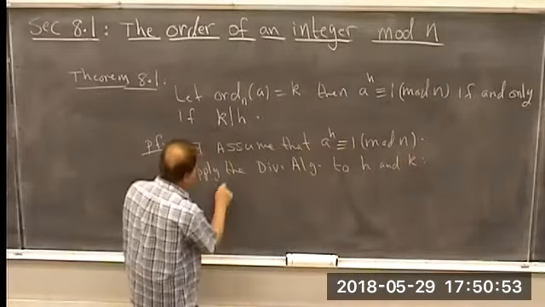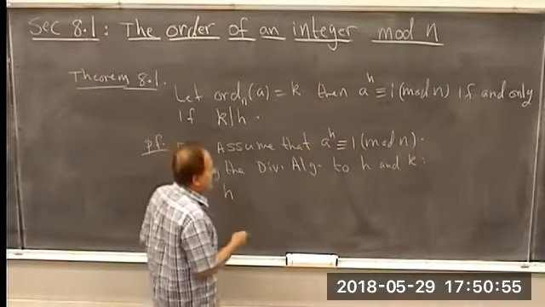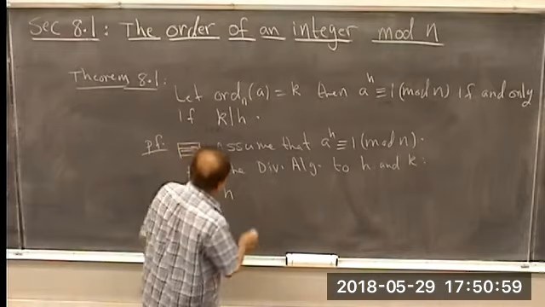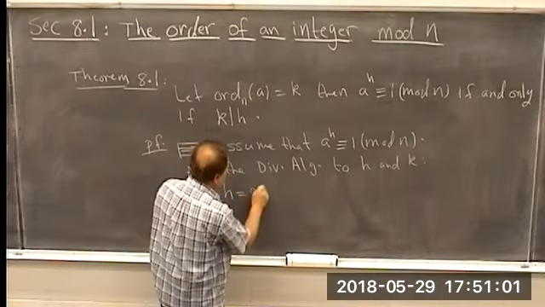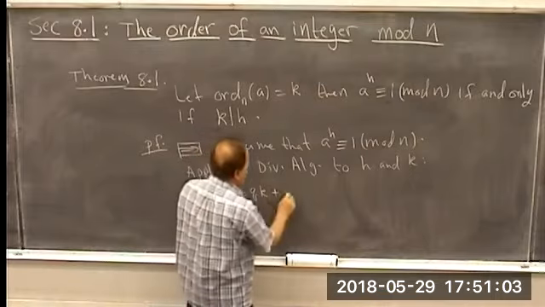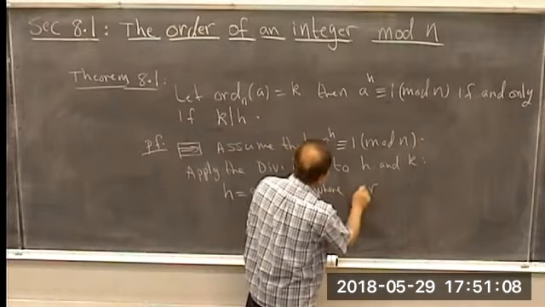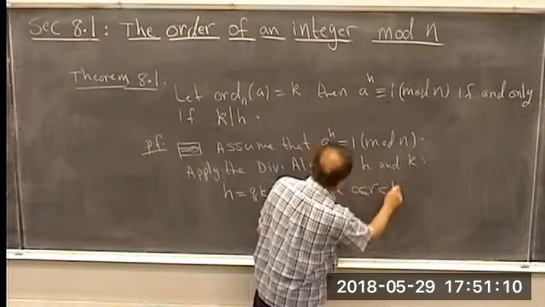We're going to write h, because in some sense h is the bigger one supposedly, right? So we're going to divide it by k. So this is h equals qk plus r, where r is bigger than or equal to 0 and less than k.